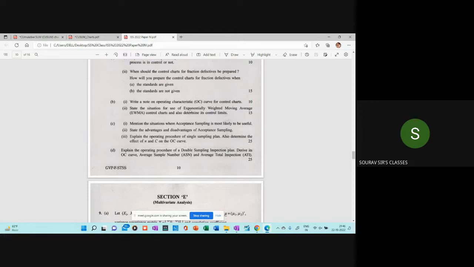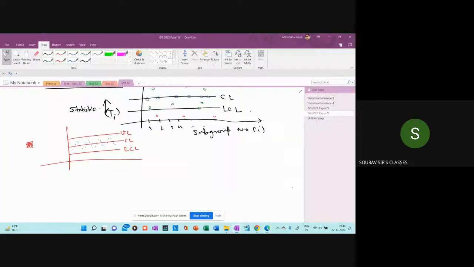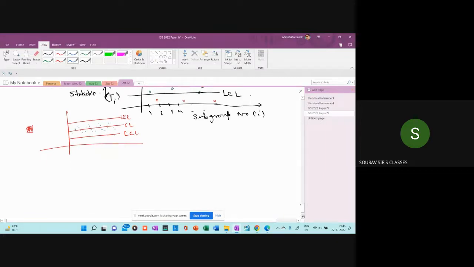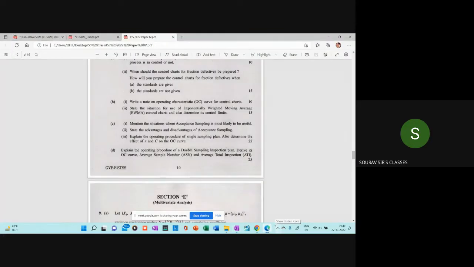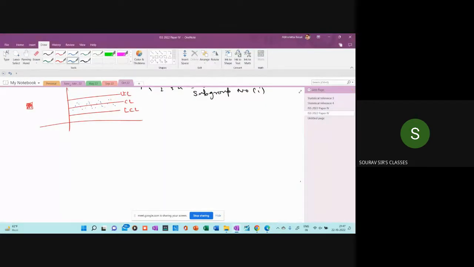A sampling inspection plan is a procedure, a kind of sampling. Let me give the question number, this is 8B. 8B asks why we don't go for 100% inspection.